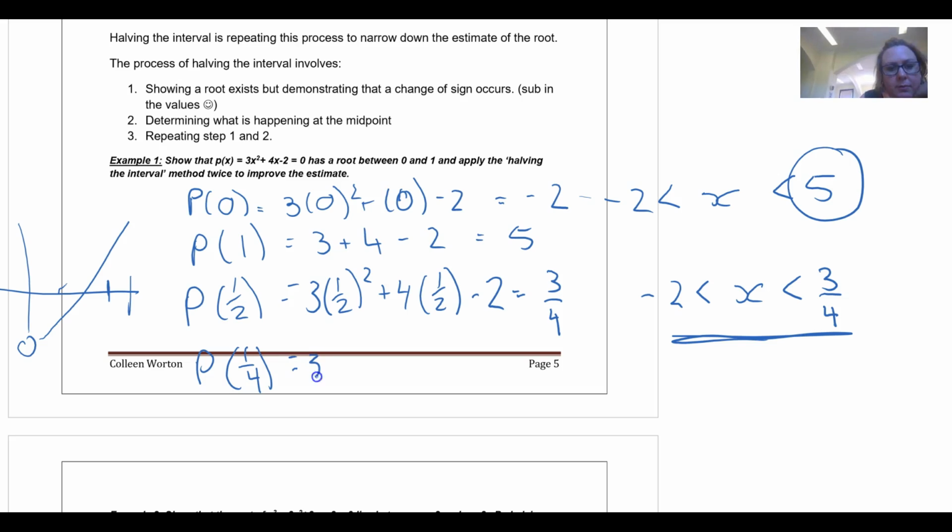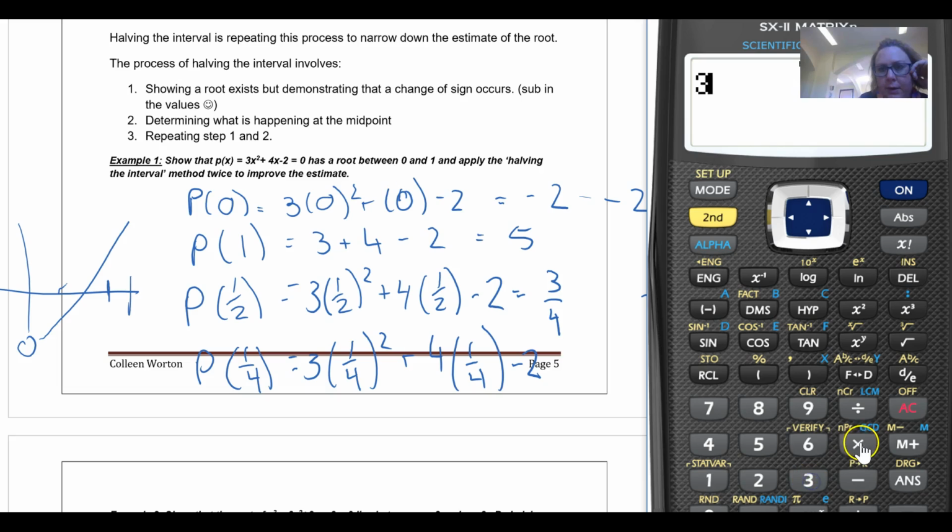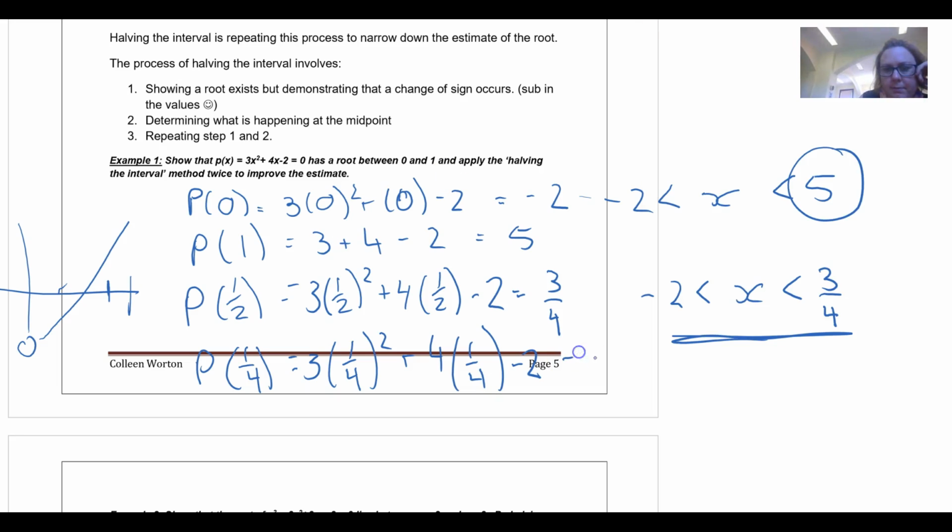So 3 times 1/4 squared plus 4 times 1/4 minus 2, and I'm going to have to use my calculator for that. 3 times 1 on 16, because that's 1/4 squared, plus 1 minus 2. It's minus 13 on 16.